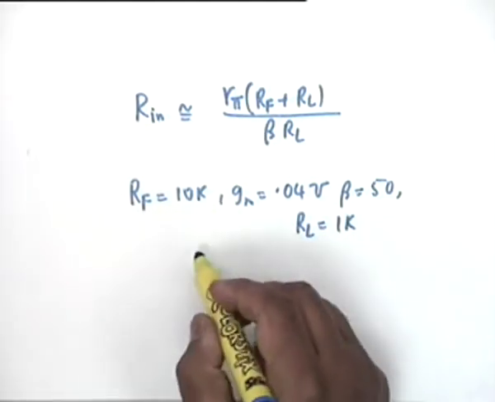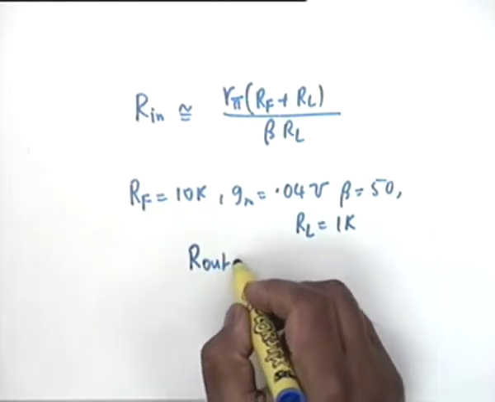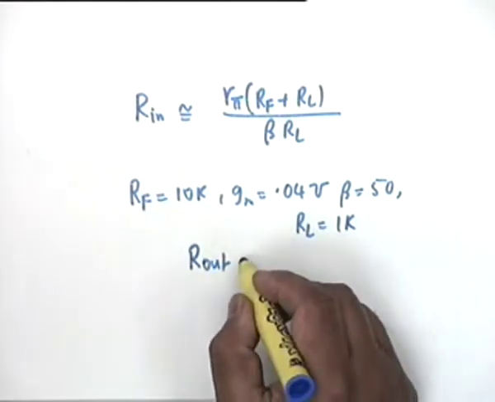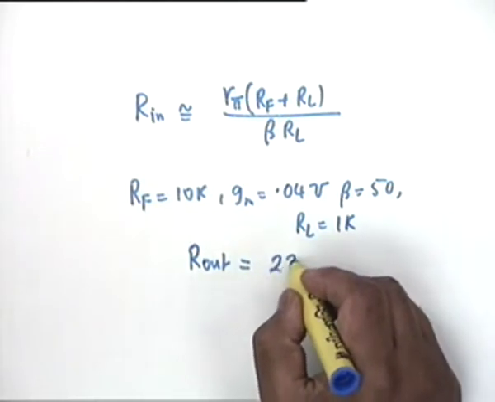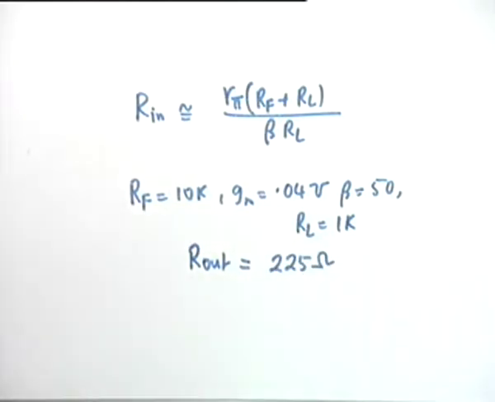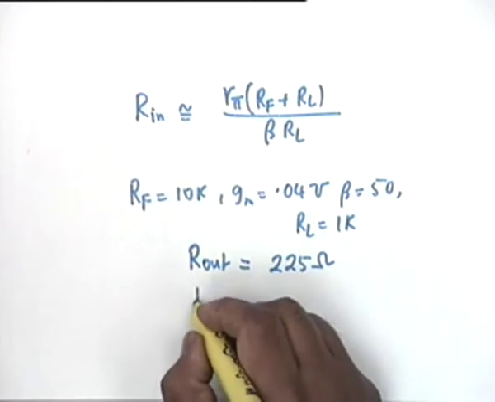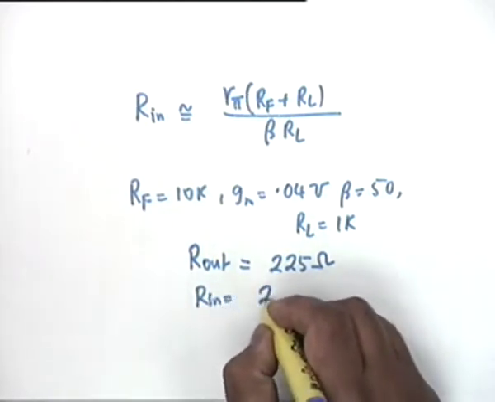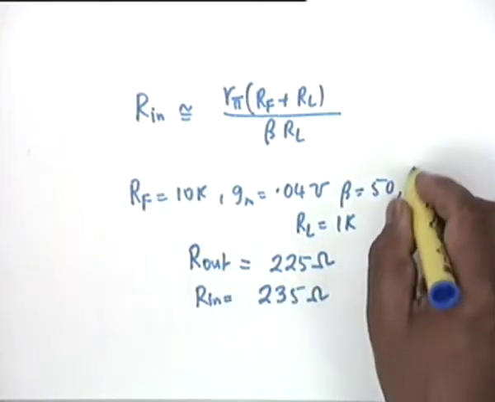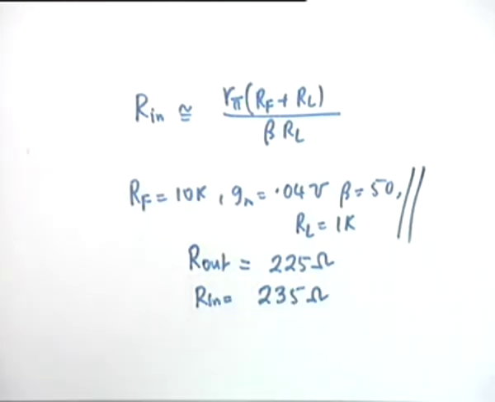Then you can show that R out, the midband value of the output resistance, is equal to simply 225 ohms. It's a low value. And R in is equal to 235 ohms for this set of values. The input impedance is also low.